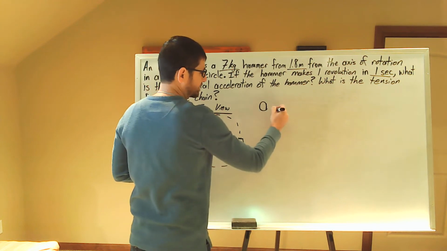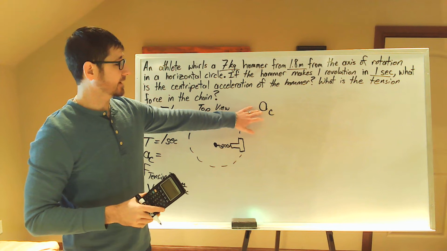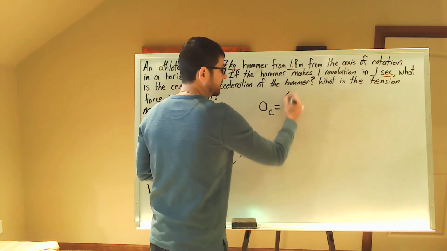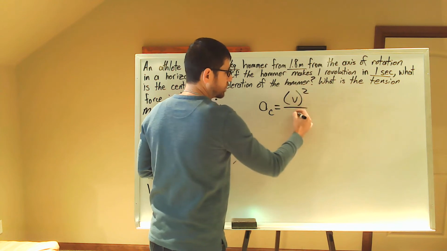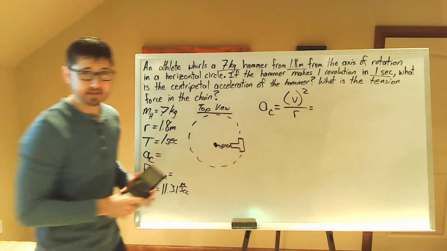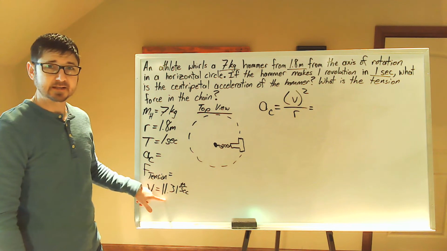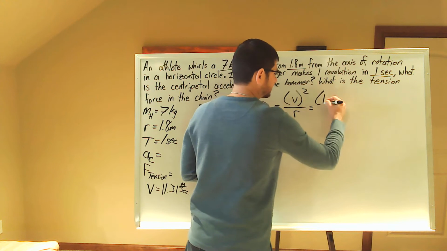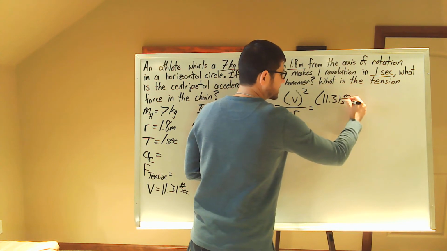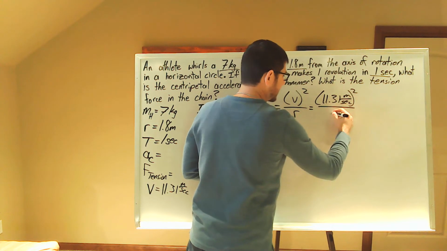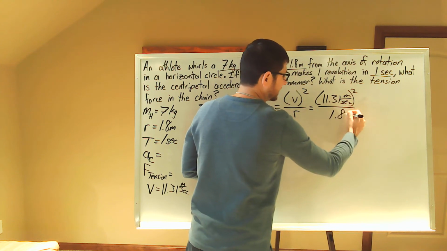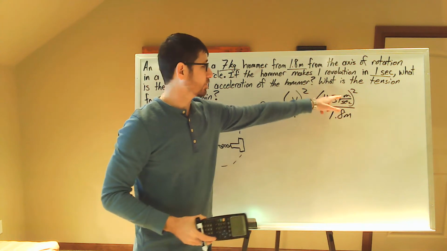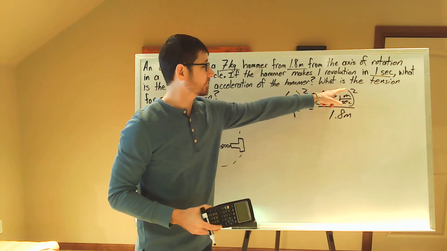Centripetal acceleration is identified by a with a subscript of c. This is going to be the velocity squared divided by the radius. For the velocity, we just calculated this, so we're going to use our calculated value, 11.31 meters per second. We're going to square that value and divide by 1.8 meters. According to the order of operations, we have to take care of the squared first.